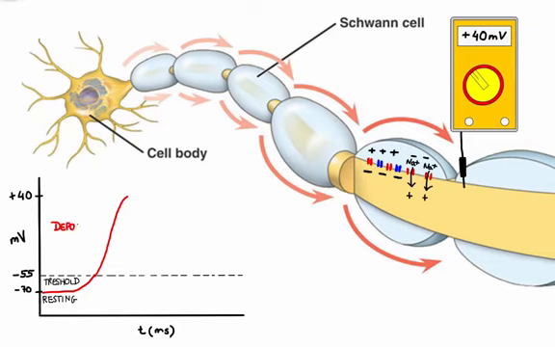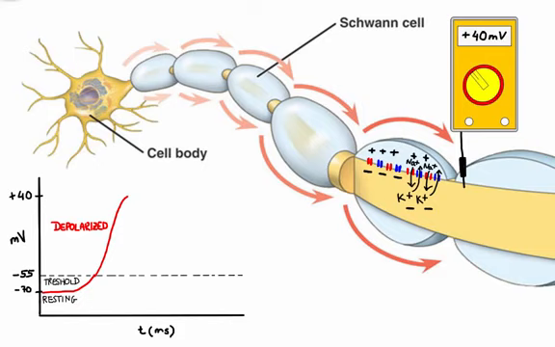The membrane is now depolarized because the net charge inside the axon changed from negative to positive as sodium ions entered in. As the impulse passes, the potassium channels begin to open, allowing positively charged potassium ions to flow out, which causes the inside of the axon to resume a net negative charge.